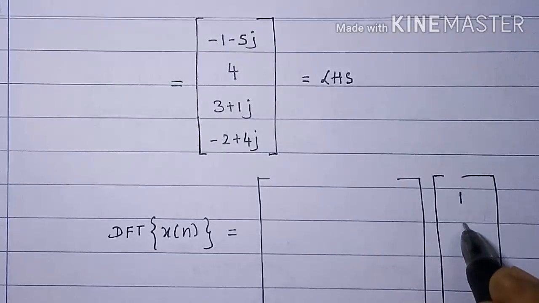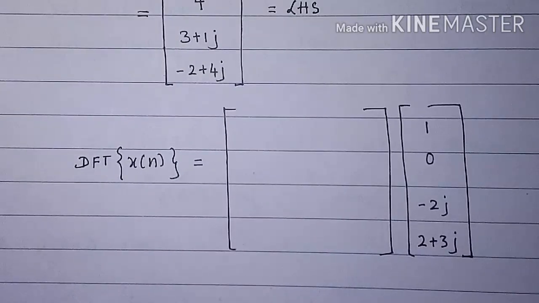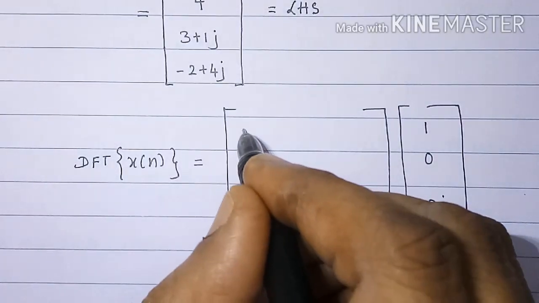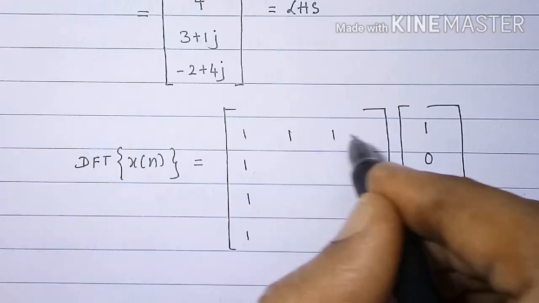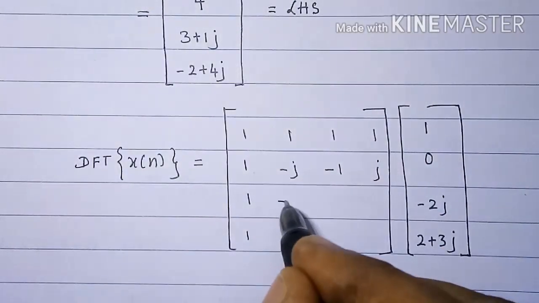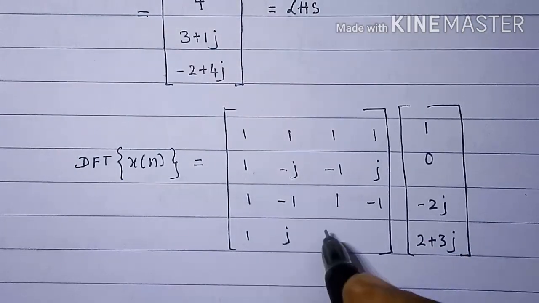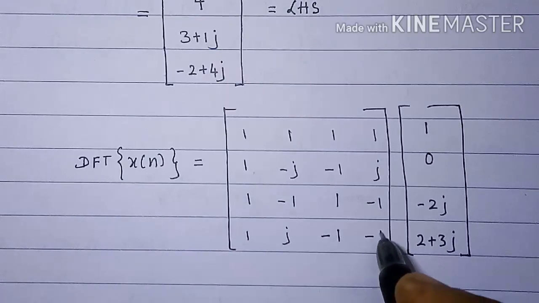X of n is 1, 0, minus 2j, 2 plus 3j. Twiddle factor matrix 1 1 1 1, 1 minus j minus 1 plus j, 1 minus 1 plus 1 minus 1, 1 plus j minus 1 minus j.